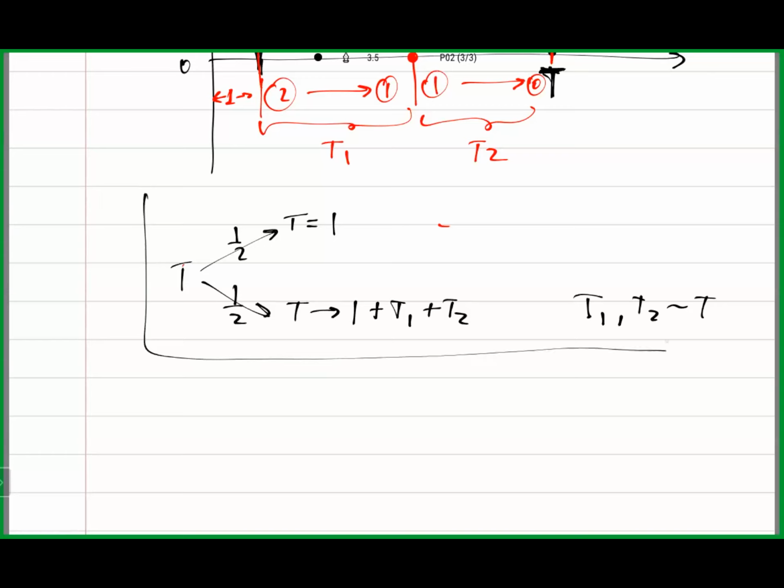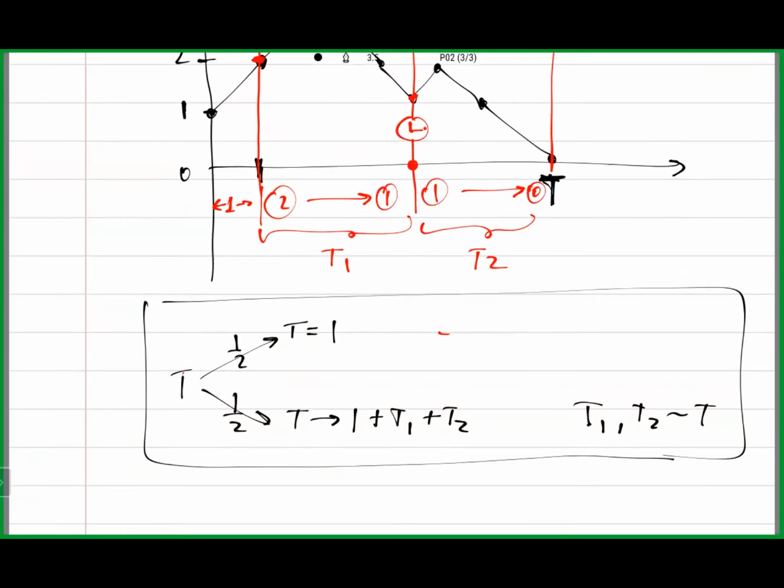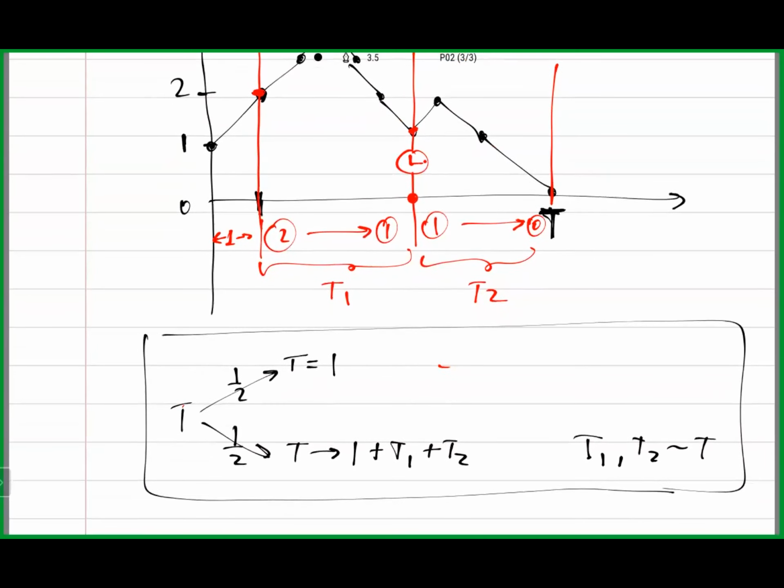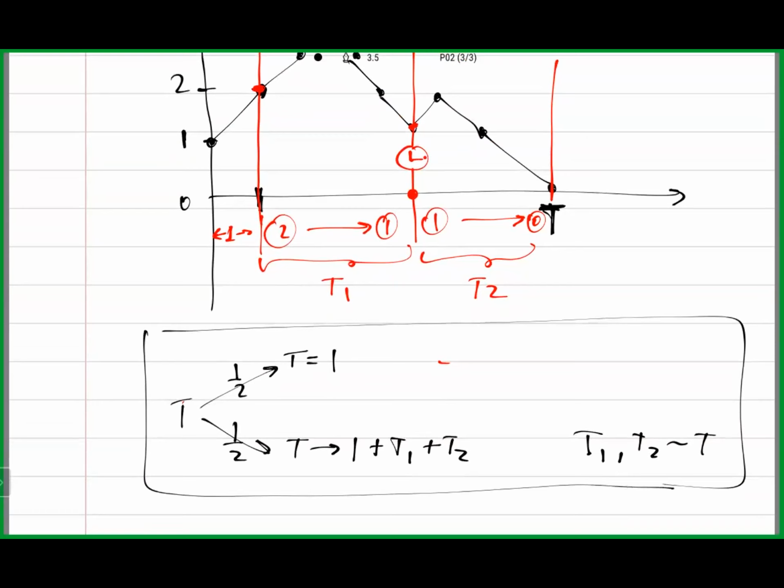Sorry, I have a question. T2 is the number of steps that we get from 1 to 0, yeah? Yeah. So can we substitute T2 just with T, our initial T? They have the same distribution, but they are not the same random variables, because t measures from the initial moment of time. There is a subtle difference between the same random variable and identically distributed random variables.